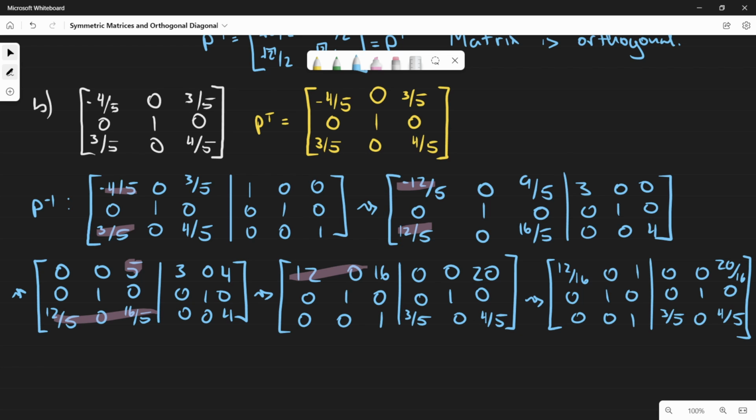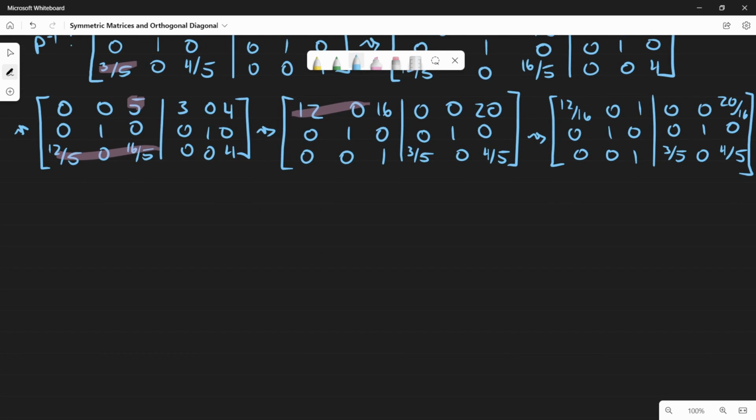Alright. So now we are going to cancel out this one right here. So this will leave us with 12 over 16. We can reduce that, divided by 4. So this would be 3 fourths, 0, 0, 0, 1, 0, 0, 0, 1.